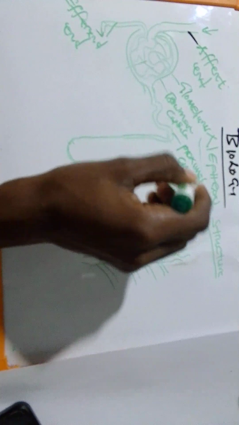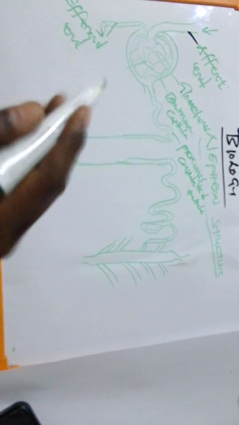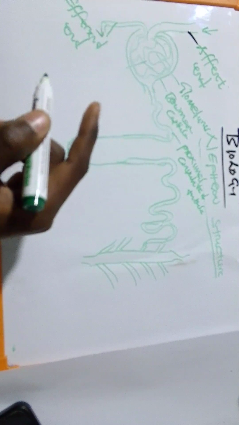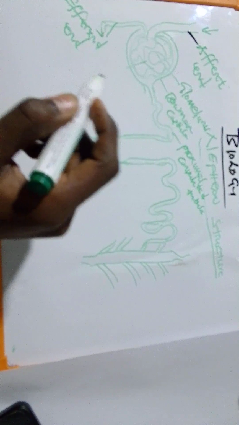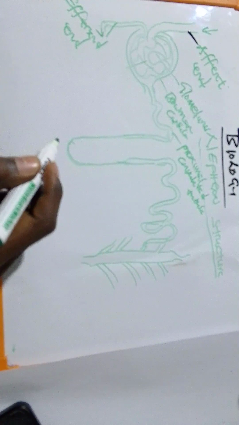Convoluted means a tube which is not straight but has been coiled in different shapes.